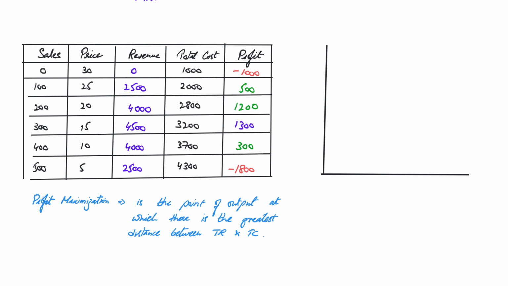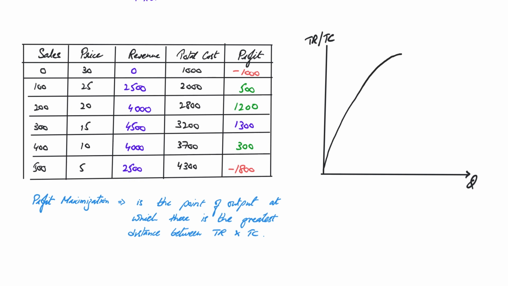Based on plotting total revenue and total cost on the y-axis and quantity on the x-axis, based on the diagram on the left, our total revenue went up, not linear, but it's going up like this.